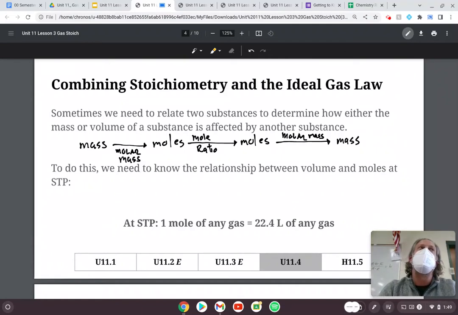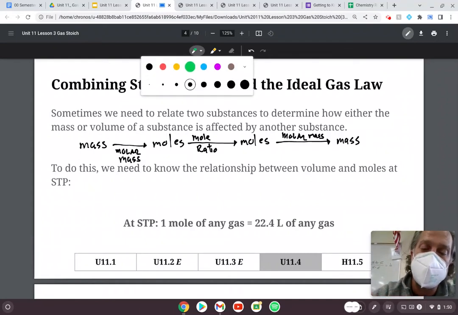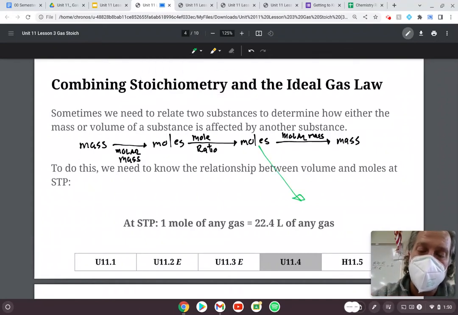the molar mass, which again is something that we can calculate off of the periodic table. However, when conditions are considered to be standard temperature and pressure conditions, there's a new relationship to this flow chart that we can use. And that new value that we can work with is volume.